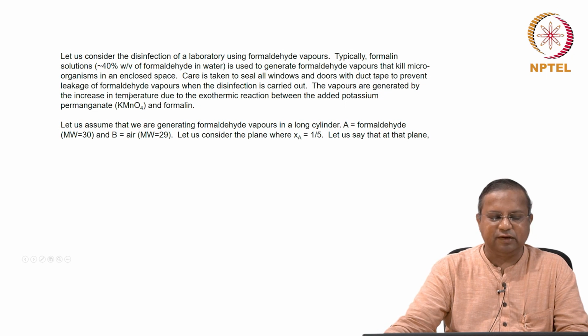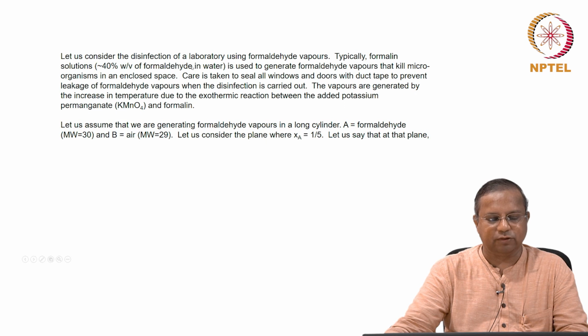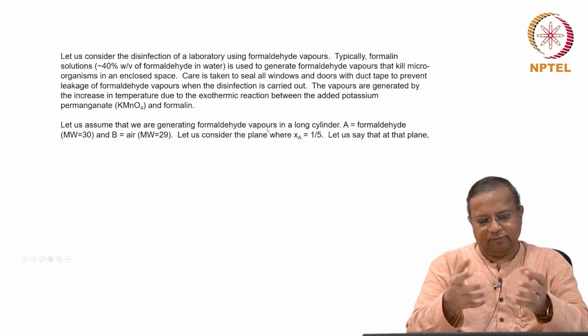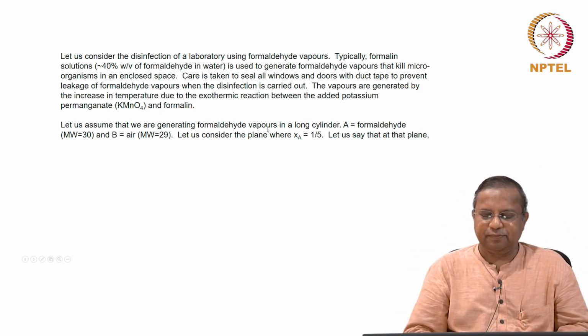The vapors are generated by the increase in temperature due to the exothermic reaction between the added potassium permanganate, KMnO4, and formalin, which is the 40% weight per volume solution of formaldehyde in water. Let us assume that we are generating formaldehyde vapors in a long cylinder for understanding purposes.